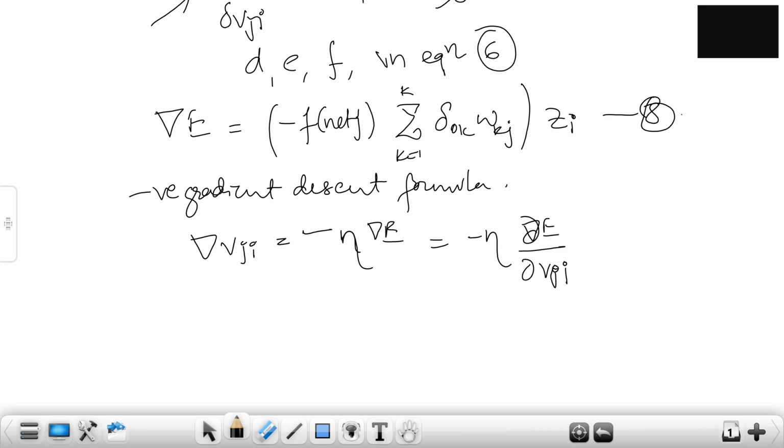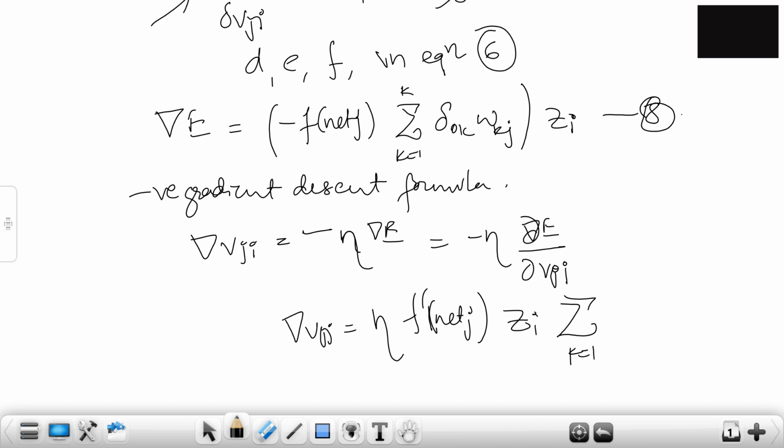This is your gradient descent formula. So we have to substitute this over there. So delta Vji equals eta f dash of net j, then Zi, then you again have summation k going from 1 to capital K delta OK Wkj. Now this is what you get.